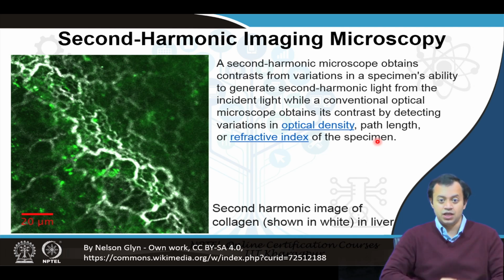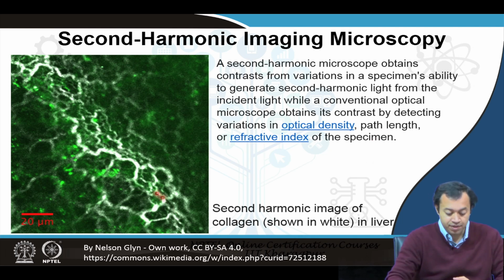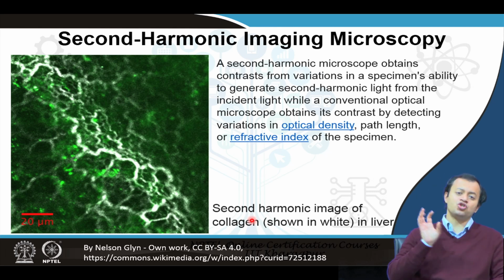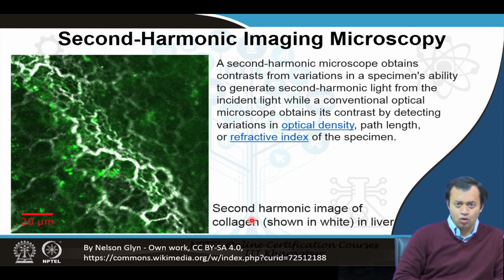So, you have a material, collagen for example, a non-centrosymmetric biological protein. Well, yes, it is a kind of protein, and you know what collagen is, for you have thus far gone through all the courses. Suppose we want to look into how the collagen is distributed inside the tissue.